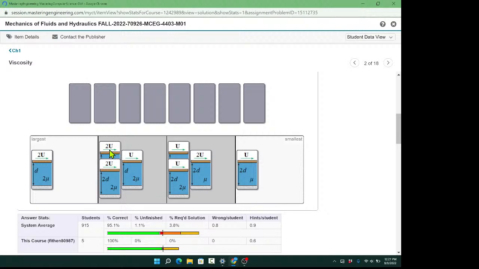Okay, so 2U. Oh, okay. Yeah, so these two are equal. I think that's what it is. This is actually answers. So it's the rate of change, du dy. So the u's the top. So the 2u over d is larger than, oh, wait a minute, that's 2u over d as well.